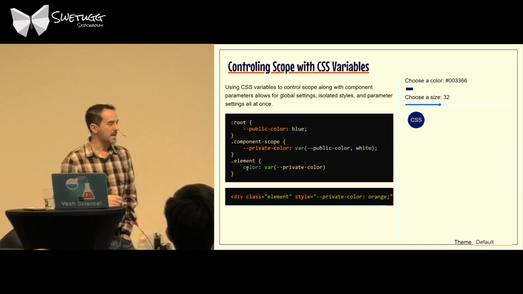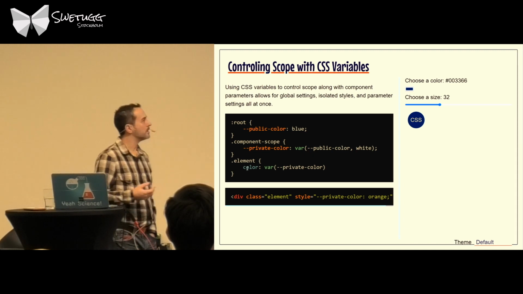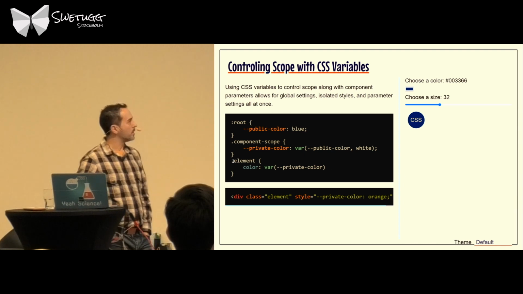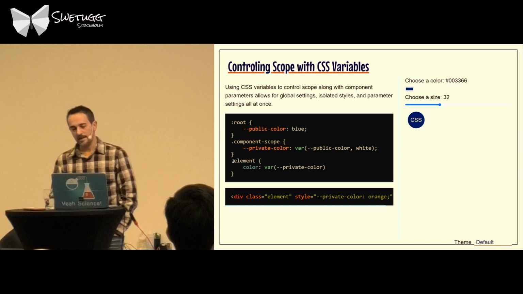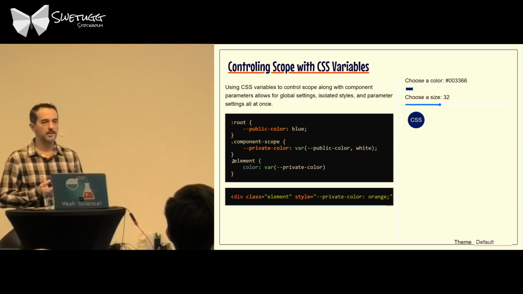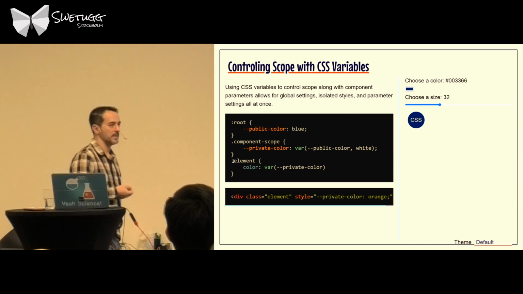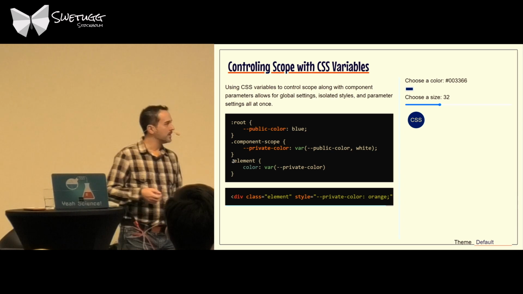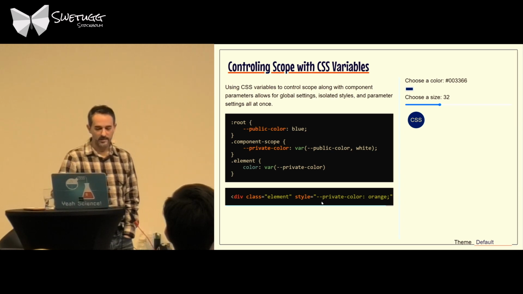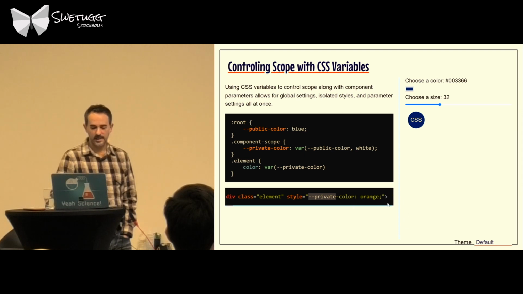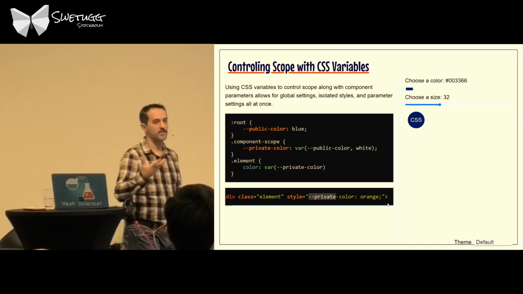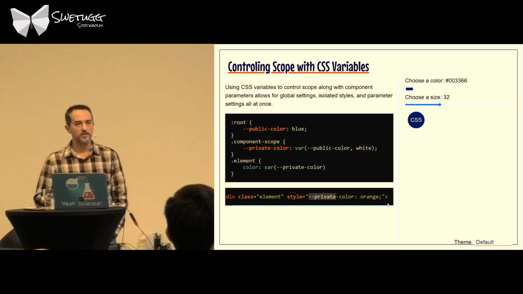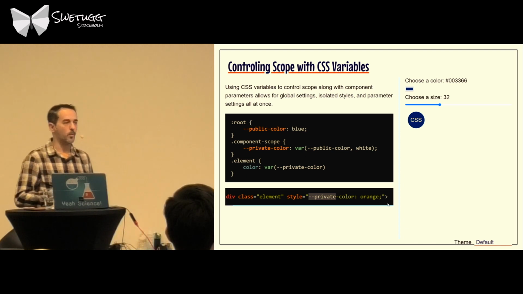To make that take effect on the component, we will apply that at the element level. So at the element level, we can override even further any of the CSS variables we like. So we can actually pass that in as an inline style. And I wouldn't normally advocate for inline styles, but in this case we're using variables, which lets us change the value of many CSS properties at one time.